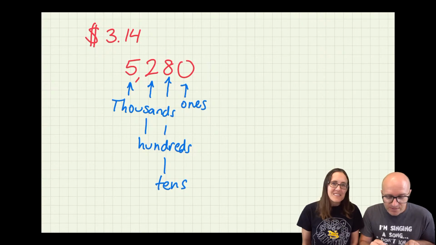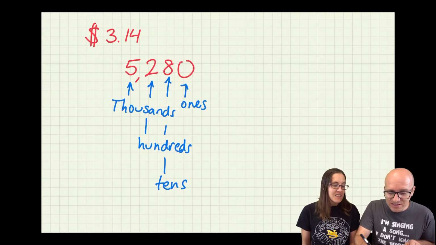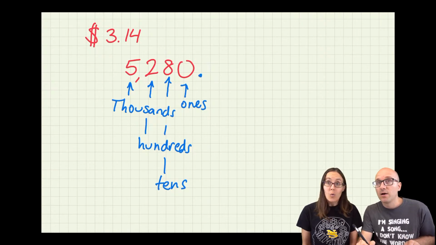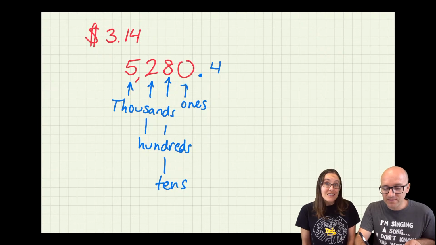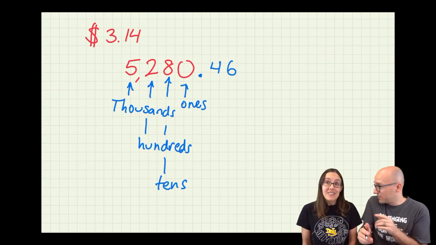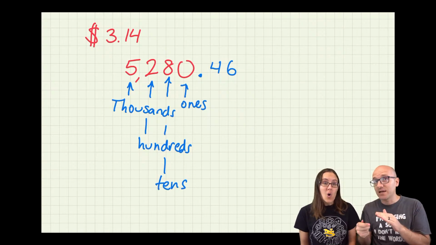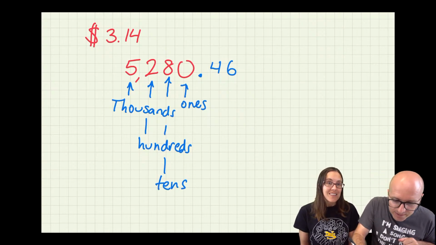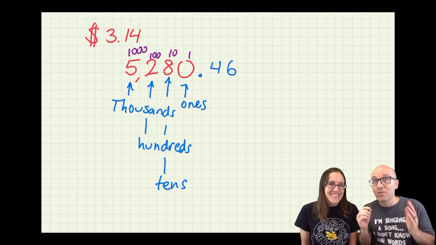So the thousands, hundreds, tens, ones. What's smaller than ones? What's the next digit over? Is it a tenth? It is 1/10. You're seeing a pattern there, Science Mom, where we're dividing by 10 each time. Here we had 1,000, here we have 100, here we have 10, here we have the 1 slot.